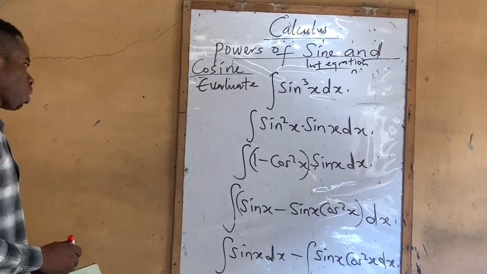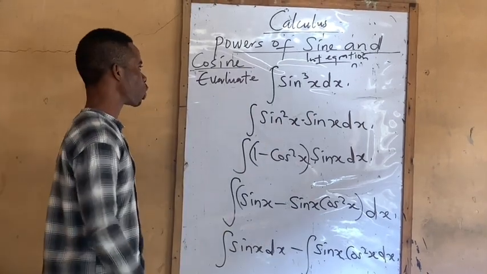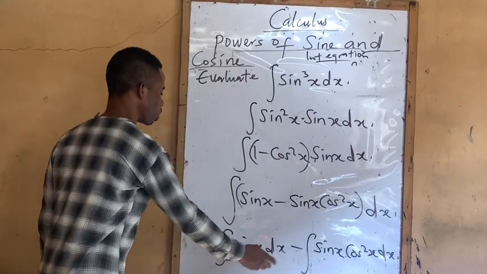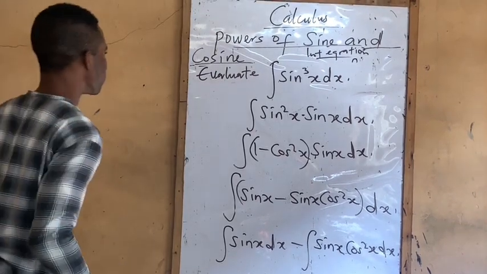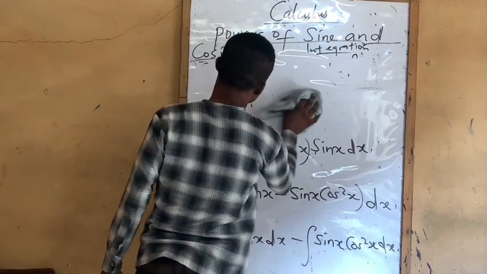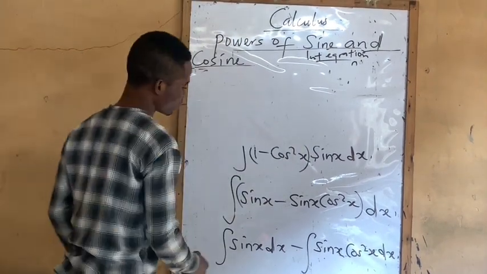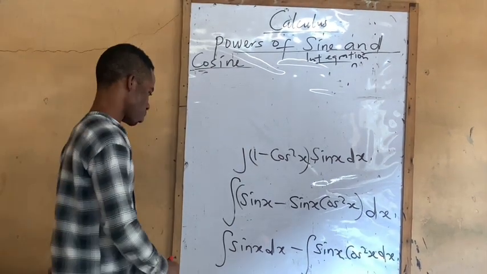In this case, what would I do? So I need to undo this one like the previous one I did. I'll just find the integral of sine x ordinary. What is integration of sine x is actually minus cos x.